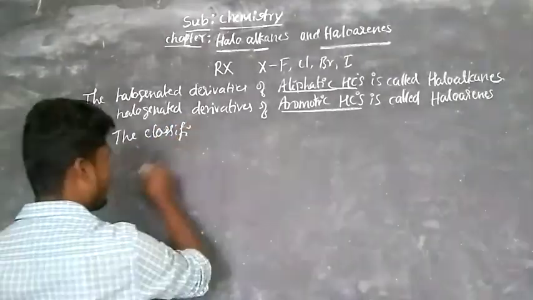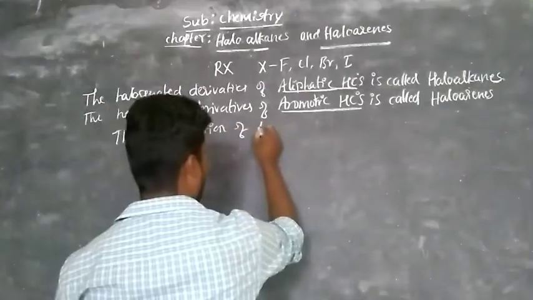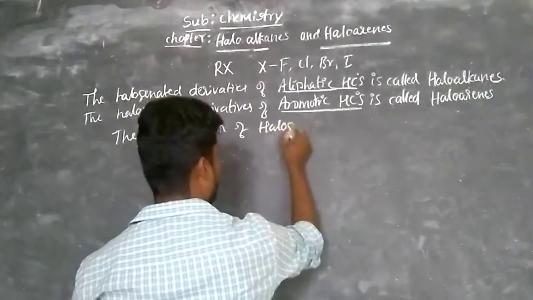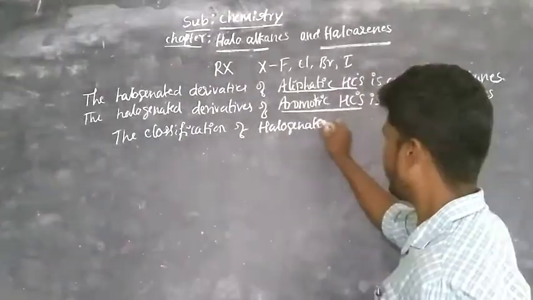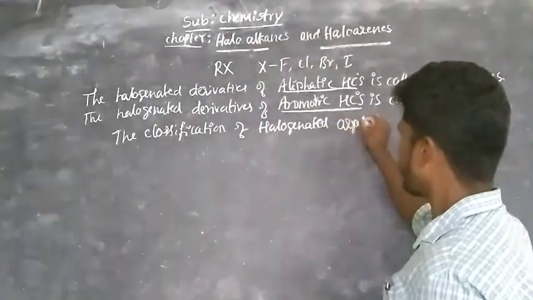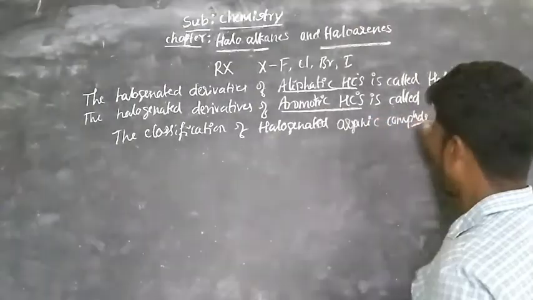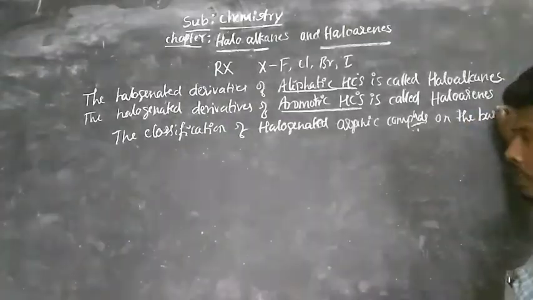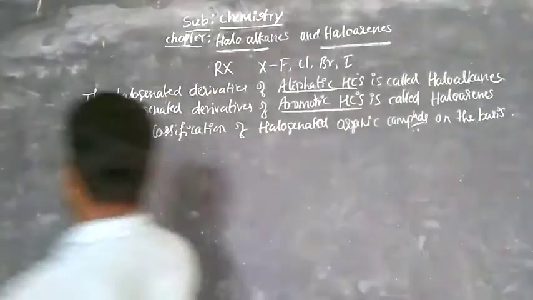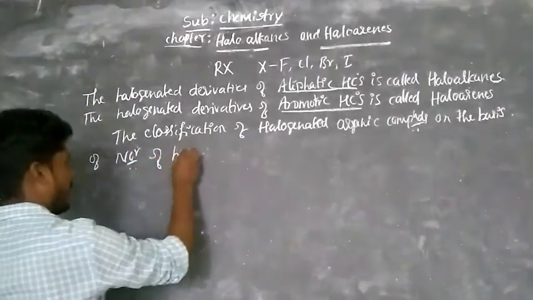The next concept is the classification of halogenated organic compounds on the basis of number of halogen atoms present.